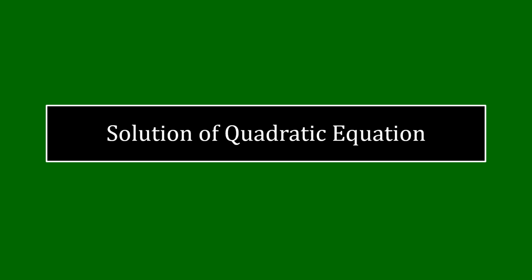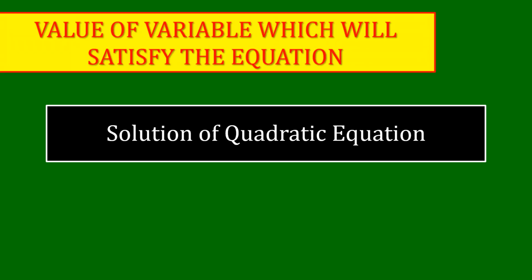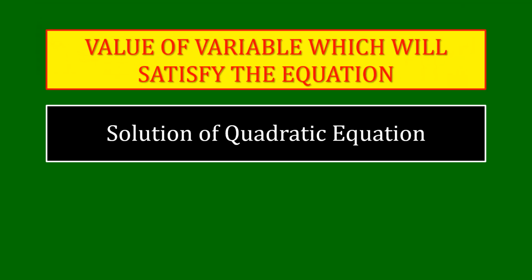Now, solution of the quadratic equation. By solution, we mean the value of the variable which satisfies the equation. That is the solution of the quadratic equation. Means we replace the variable with a certain value and it satisfies the equation. Satisfying the equation means left hand side and right hand side both are equal.